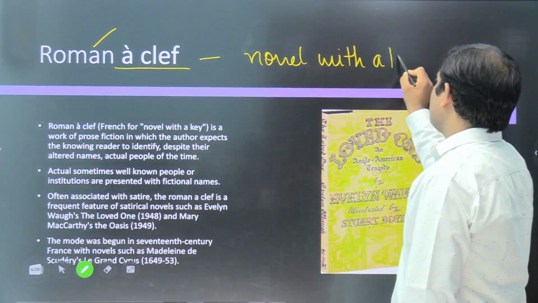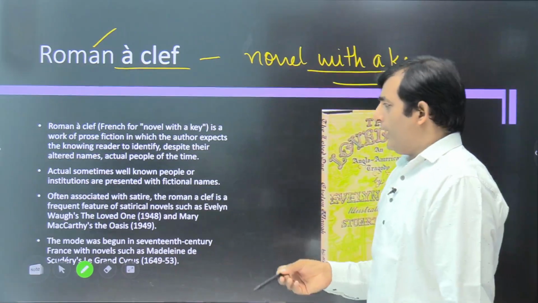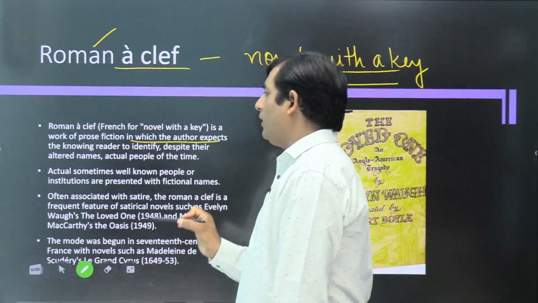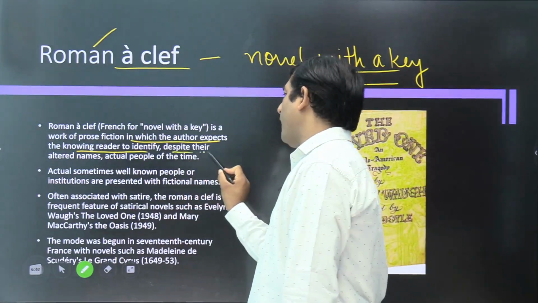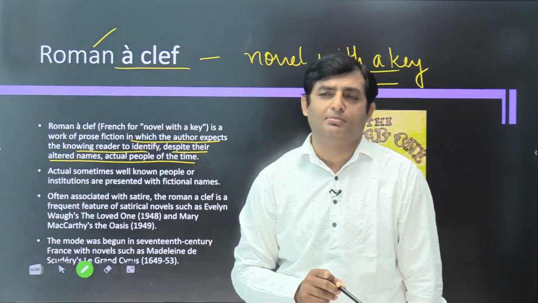Novel with a key means Roman à clef is a work of prose fiction in which the author expects the knowing reader to identify, despite their altered names, actual people of the time.